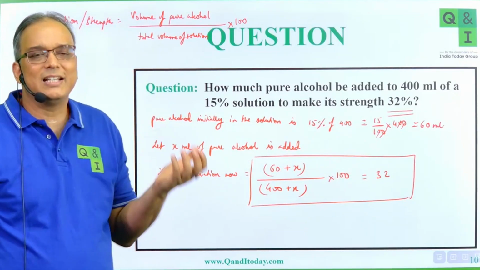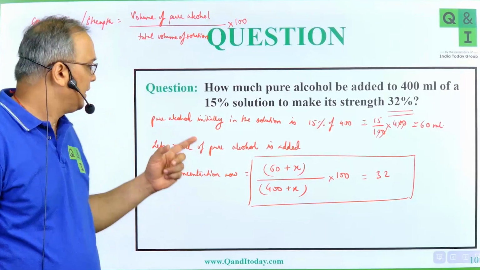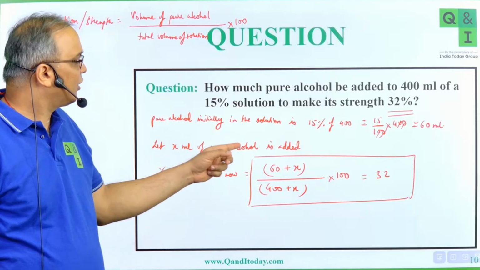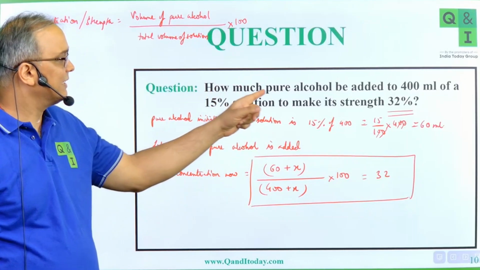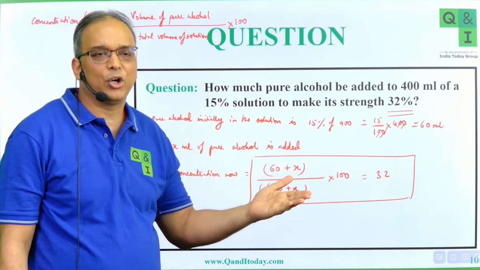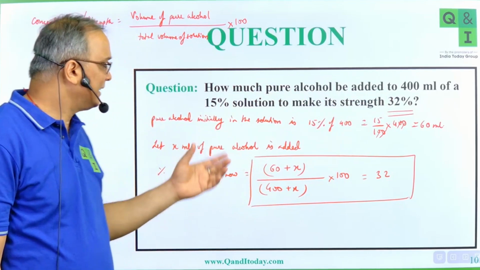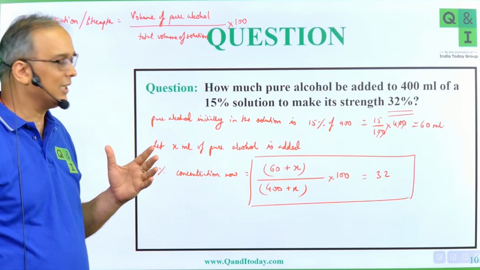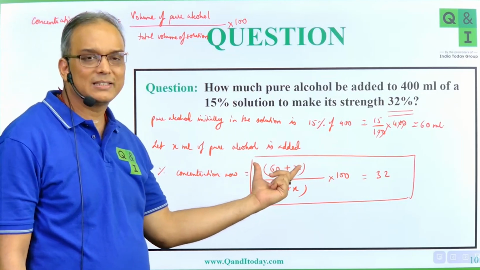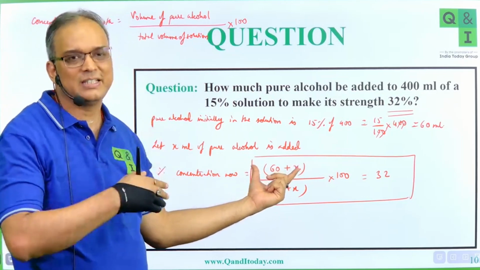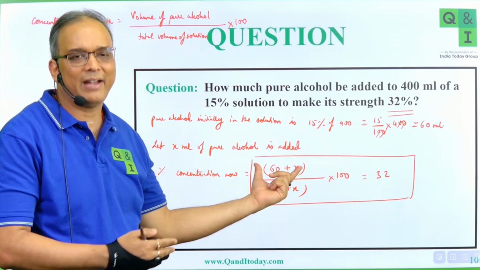Now let X milliliter of pure alcohol be added to make the concentration 32%. Then pure alcohol in the solution becomes 60, which was initially there, plus X, which we have added.